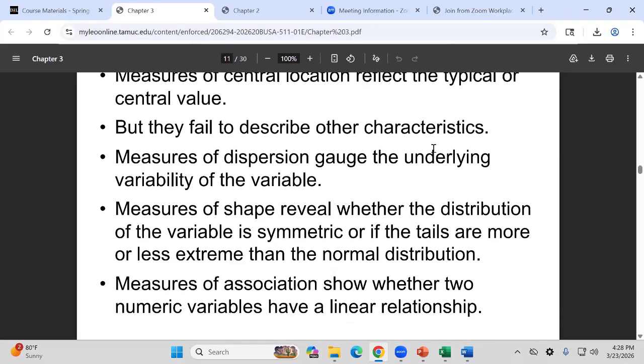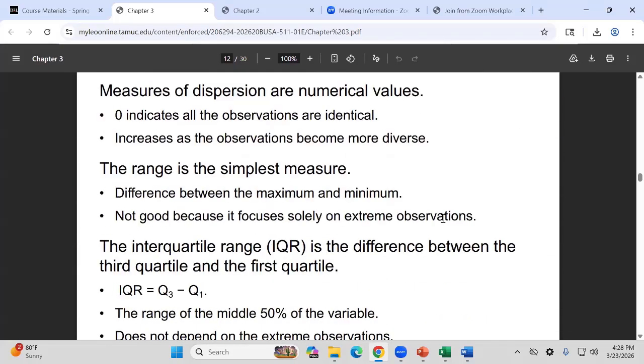Now we talk about dispersion, how the data set changes and varies around the central point. We can use something called the interquartile range, IQR. The way to calculate this range is to rank the data. Ranking the data is very important.